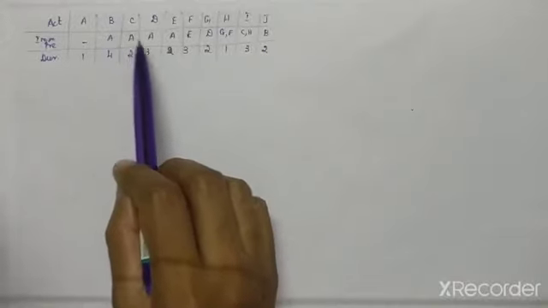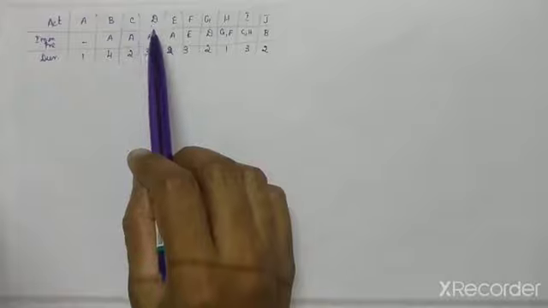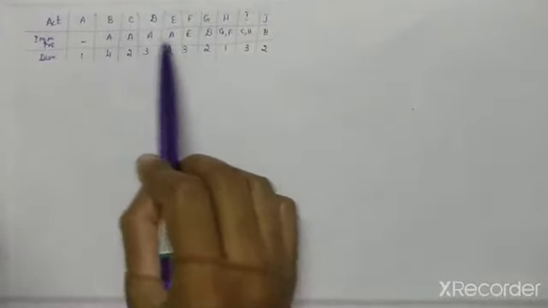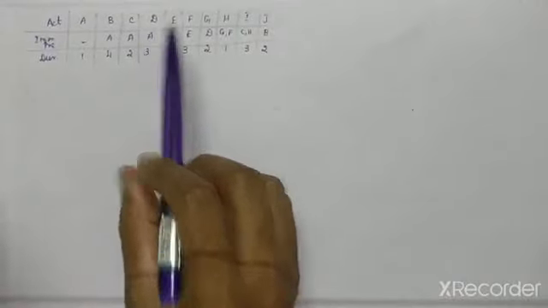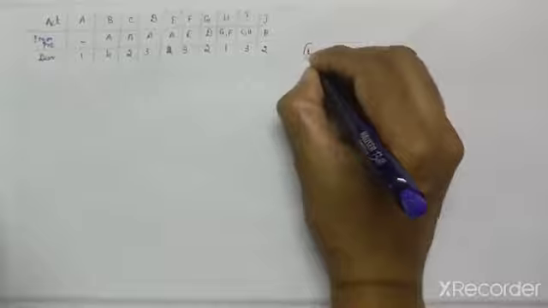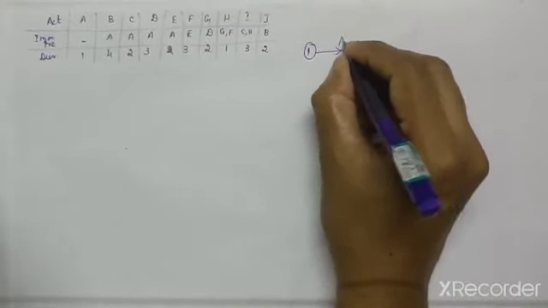After finishing A we have B, C, D, E, four activities. So we have to start with this one. Number 1 should be the A activity.